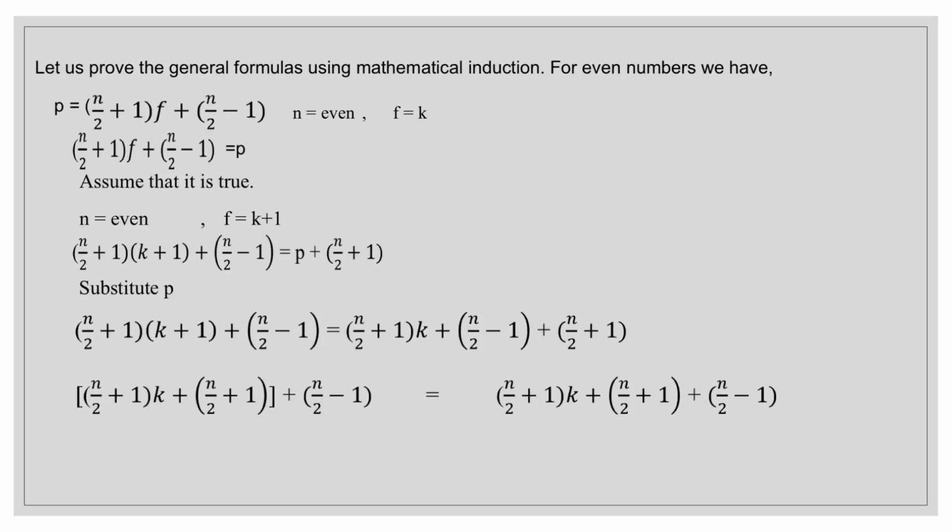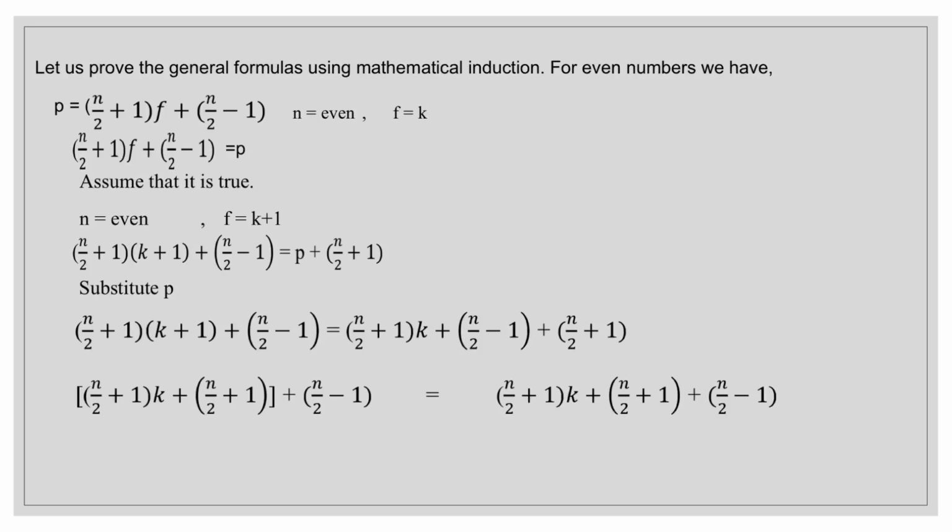Then, substitute P. So, we have n over 2 plus 1 multiplied by K plus 1 plus quantity n over 2 minus 1 is equal to quantity n over 2 plus 1 multiplied by K plus quantity n over 2 minus 1 plus quantity n over 2 plus 1.